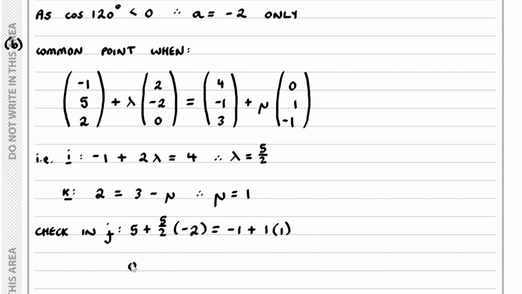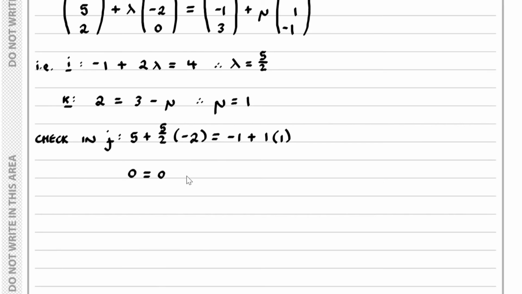So I get 0 equals 0. And because here the left hand side is equal to the right hand side, the values of lambda and mu work, which means they intersect, so there is a common point where they meet.